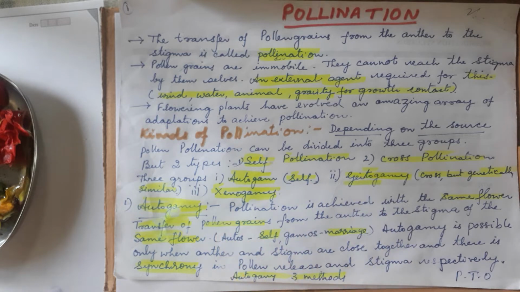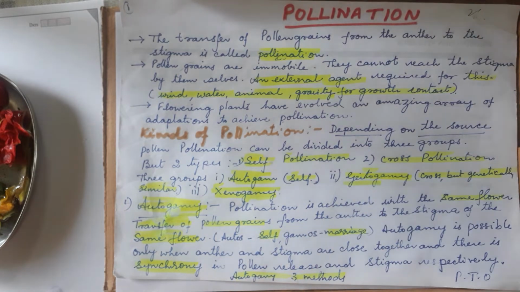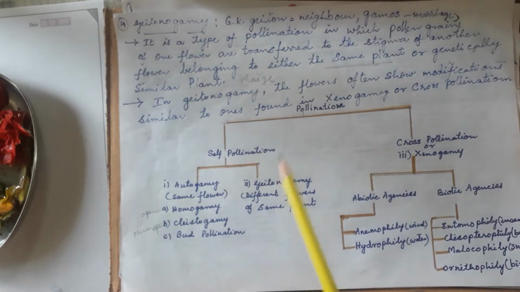Let us first see this classification once. Pollination has how many types? Self-pollination and cross-pollination. In self-pollination, the first one is autogamy, the second one is geitonogamy. Auto means self, gamy means marriage.